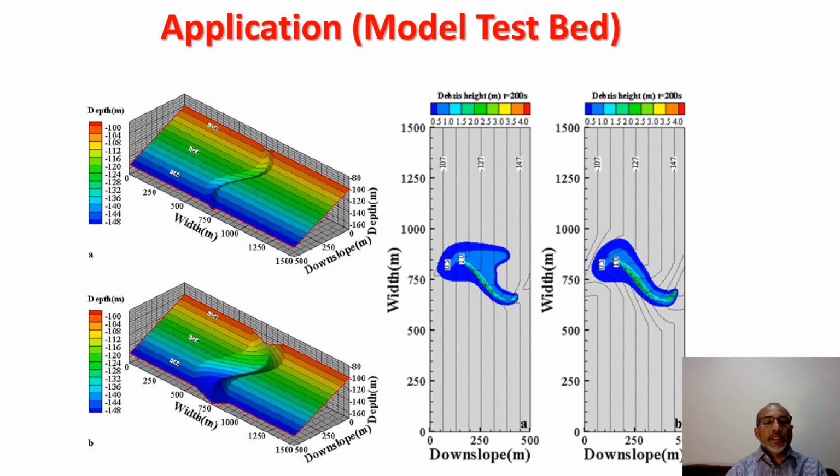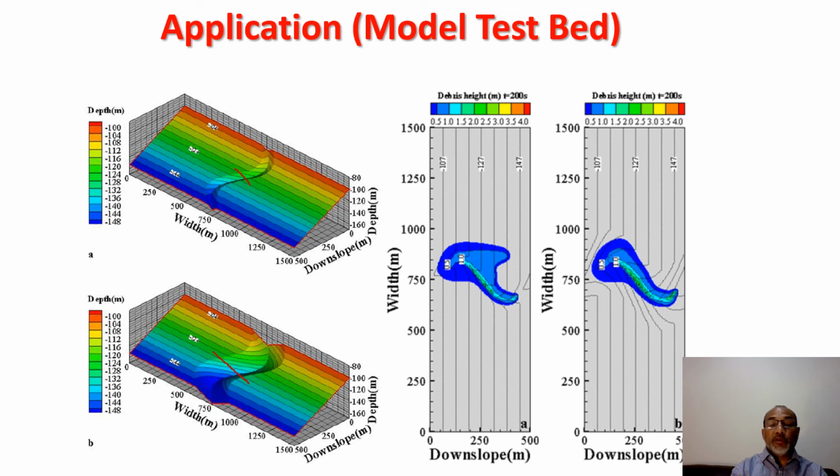The next exercise we did is on a couple of different configurations of canyons. Here you're looking at a narrow canyon compared to the wide canyon, with distinguishing flow characteristics as you see on your right side.